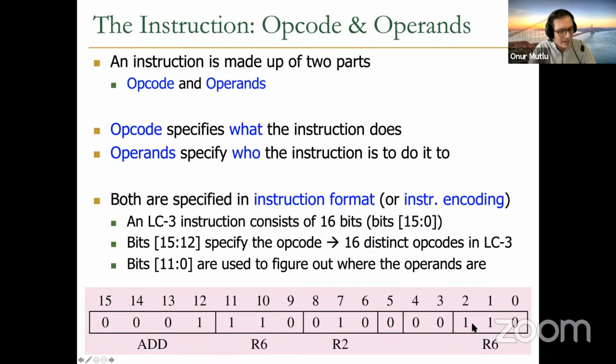Don't worry about exactly what this add instruction does. It specifies to the computer to add the value stored in register 2 to the value stored in register 6 and put the result in register 6. That's why it's called an instruction. It instructs the computer to do that, essentially.